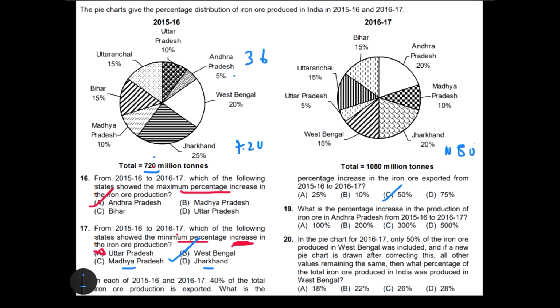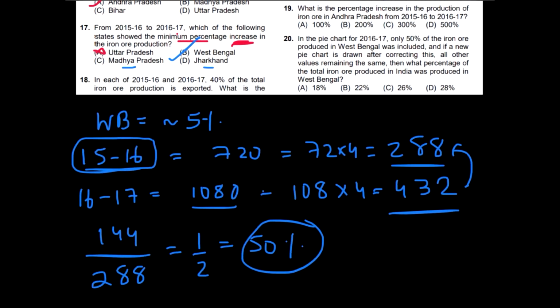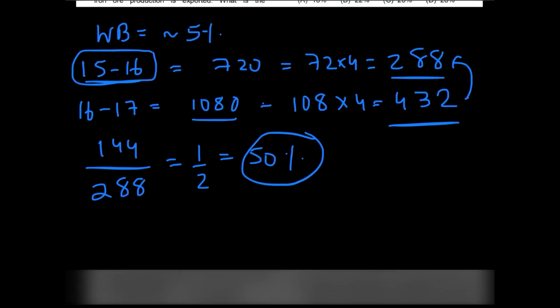And if I check the value of Andhra Pradesh over here, which is 20% of 1080, that means double of 1080, that is 216. Now this is going to be huge. 36 changing into 216. So let's go down and do the calculation now. I have taken the data from the pie chart. Now my work is to calculate below.